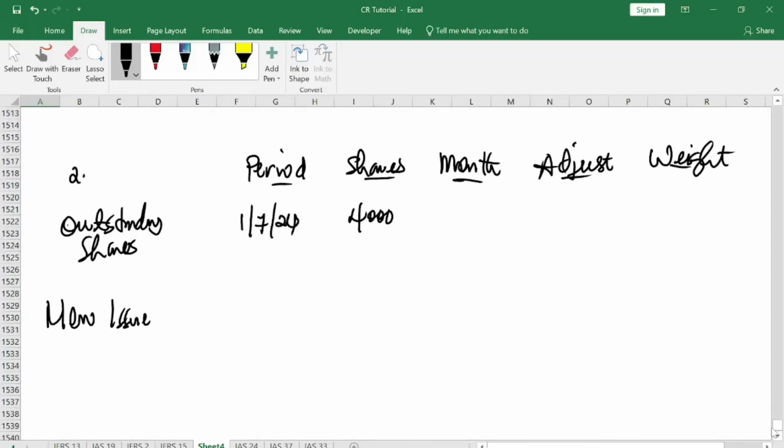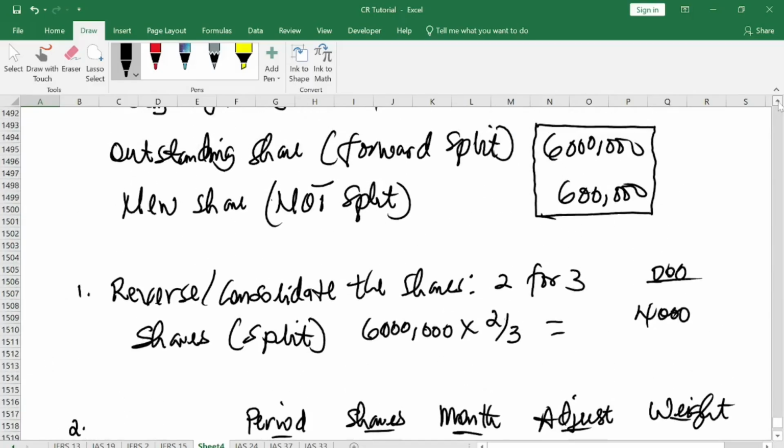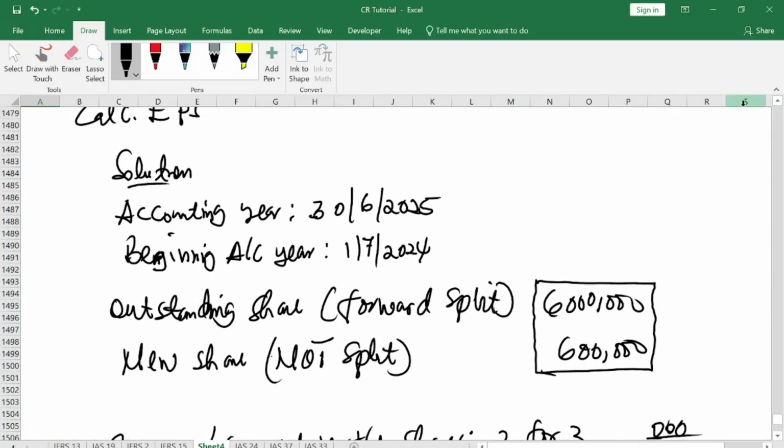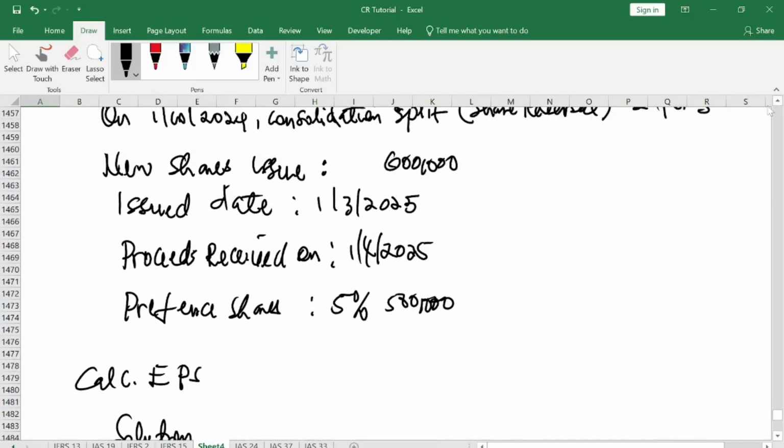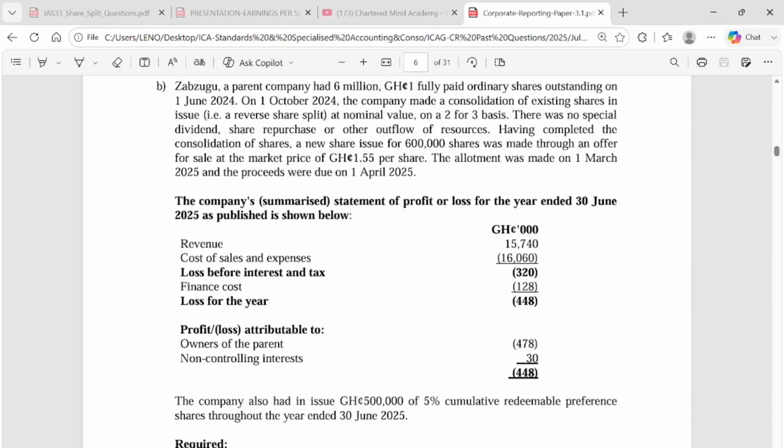So the new share was issued when? Let's check. The new share was issued on 1st March 2025, but you receive proceeds on it on 1st April 2025. Which one will you choose? 1st March was issued, and proceeds were in April.